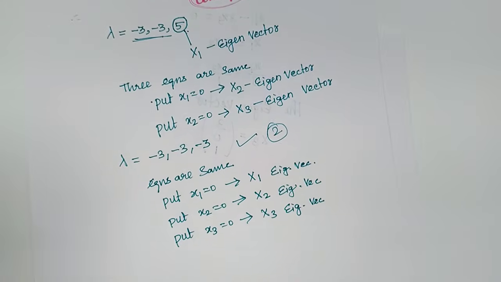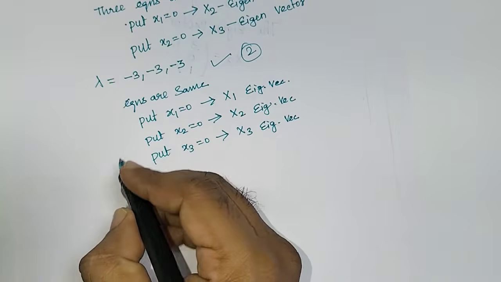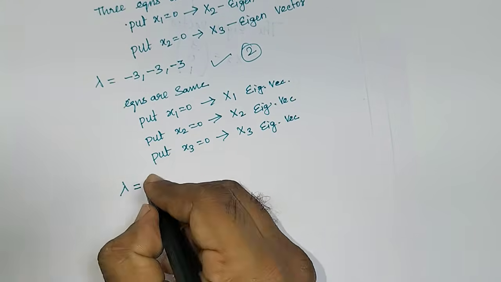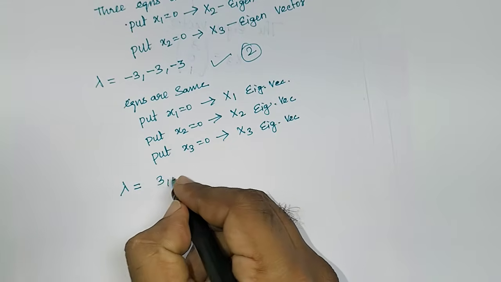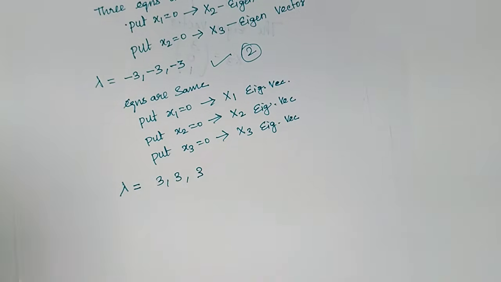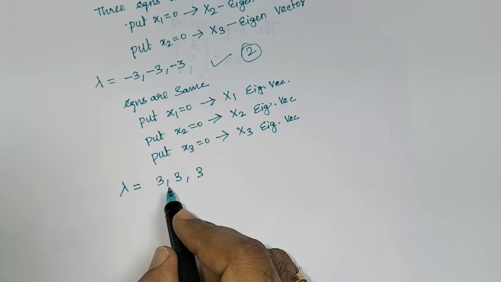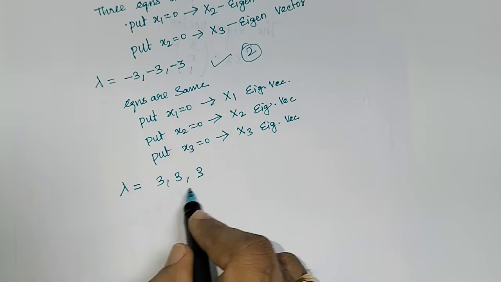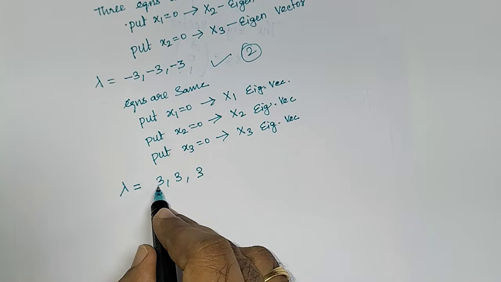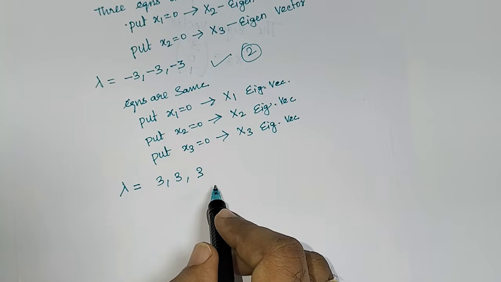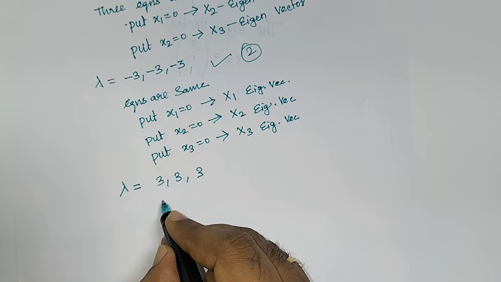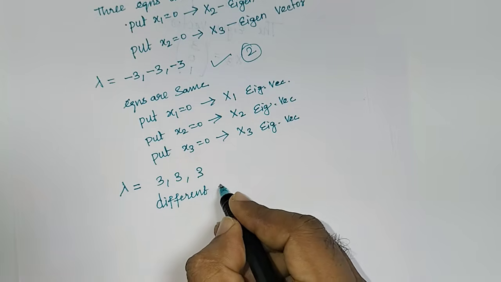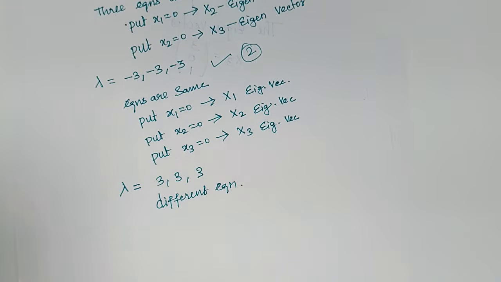Second procedure in type 2. Next model: suppose the three eigenvalues are repeated, but while finding the eigenvector, you get a system of three equations. I substitute the eigenvalues in that system of equations and I will get different equations.